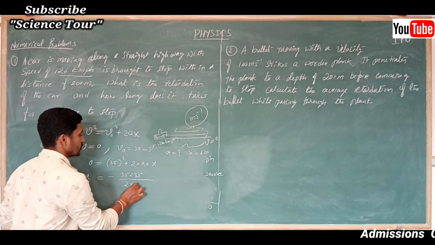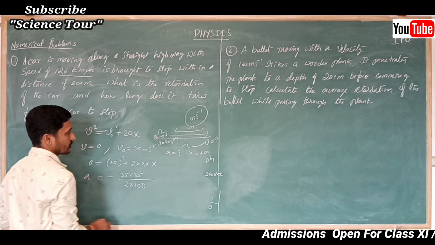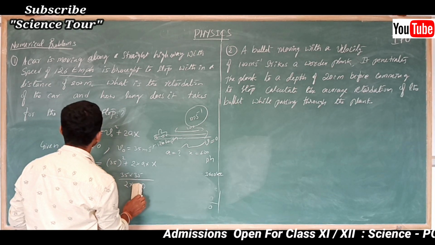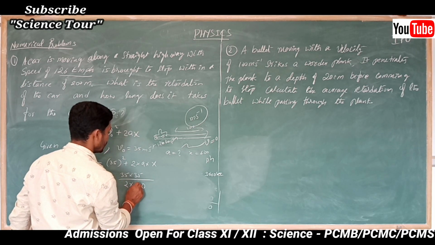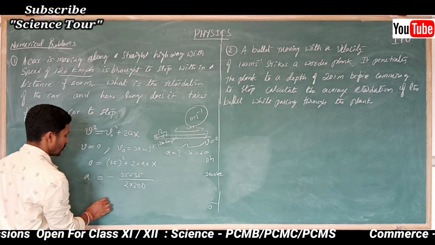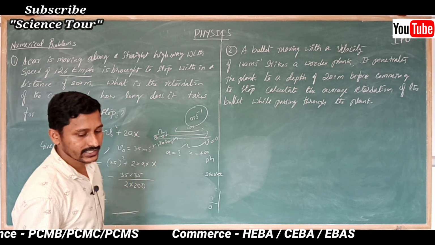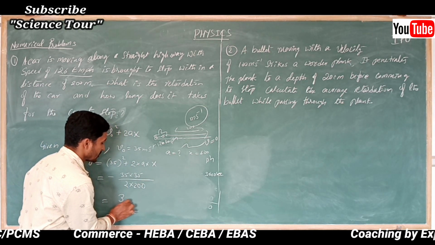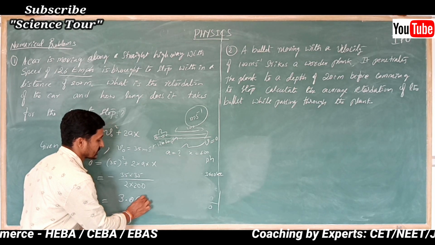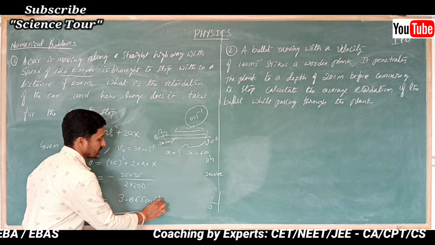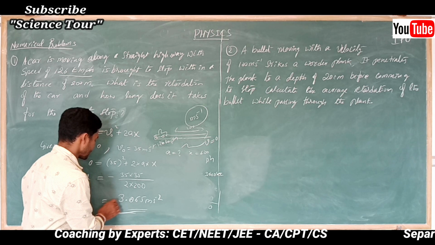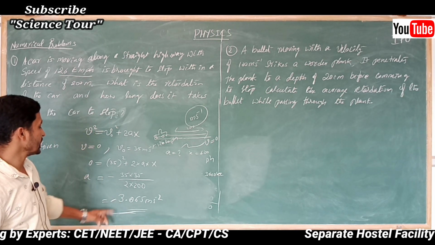It comes here 2 into 200. So what is the value you are going to get? If you calculate this, you are going to get the deceleration, which is 3.065 meter per second square. That is the unit of deceleration, and it is negative.